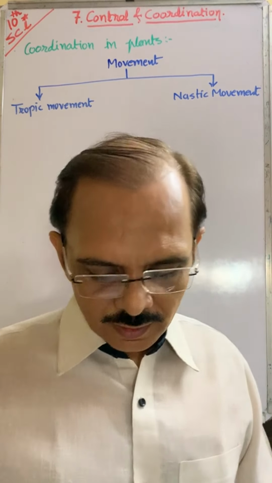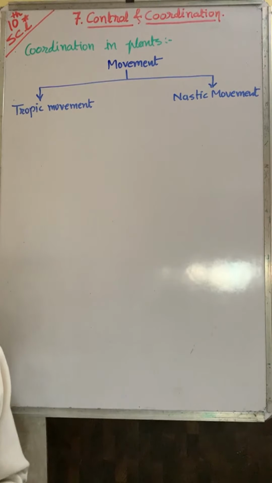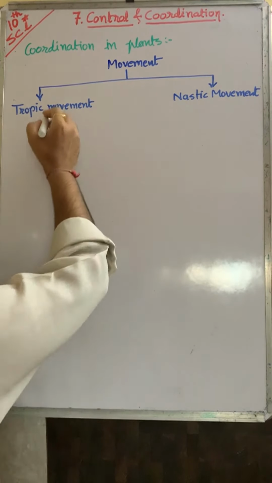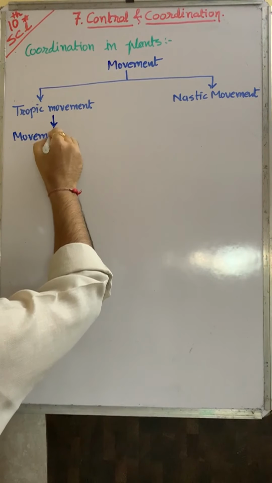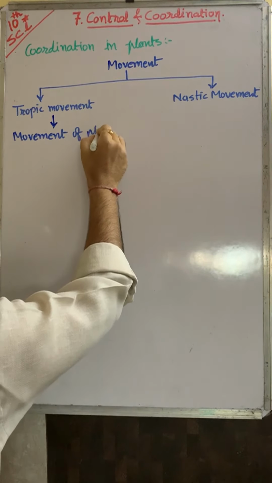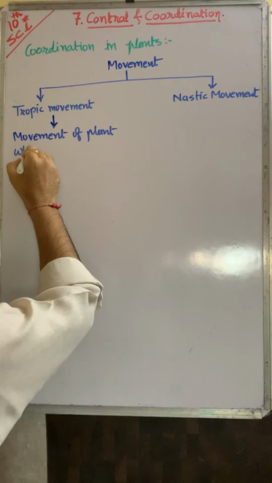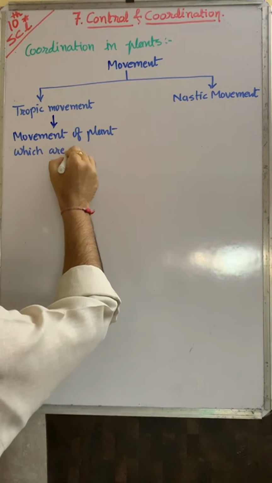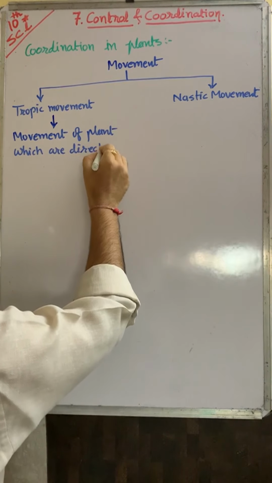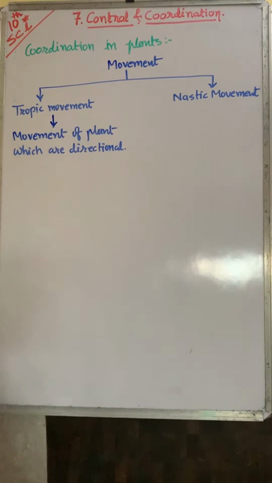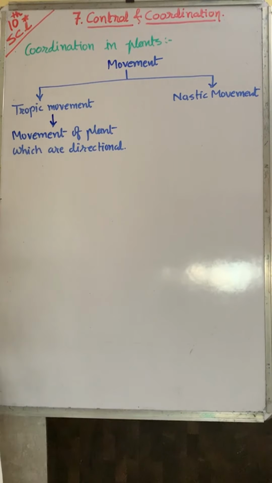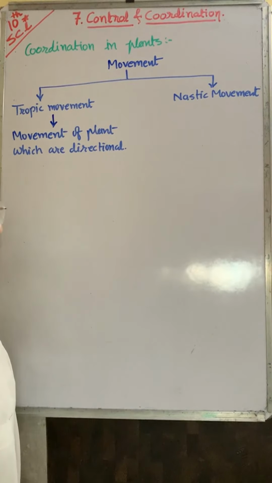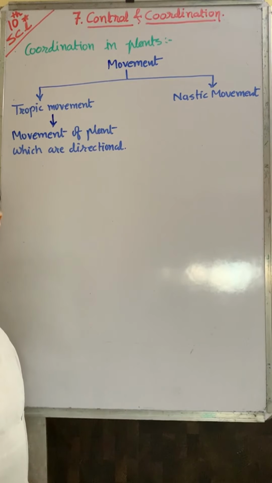Is it okay? See, what do you mean by tropic movement? Movement of plants which is directional. We will discuss in which way or how it is directional. So movement of plants which is directional is called tropic movement. What is nastic movement?